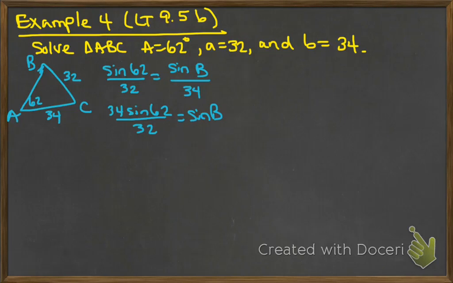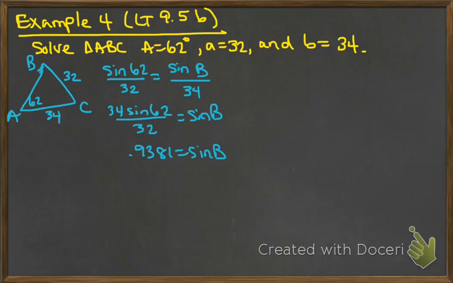So now remember, in order to find what that B value is, we have to do the inverse sine. So first let's get the decimal, I guess. So the decimal for 34 sine of 62 over 32 is 0.9381. Thankfully, it is not over 1, so there is going to be a solution here.